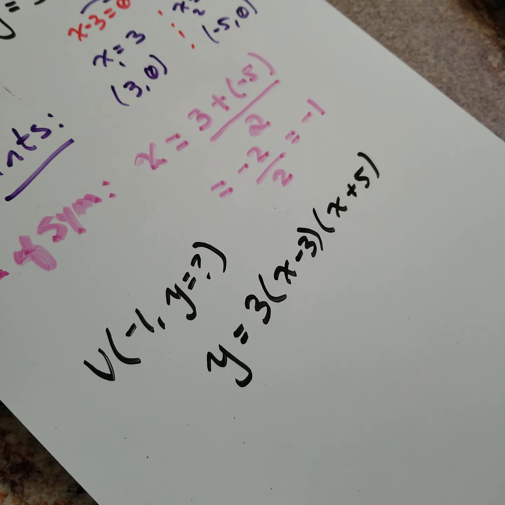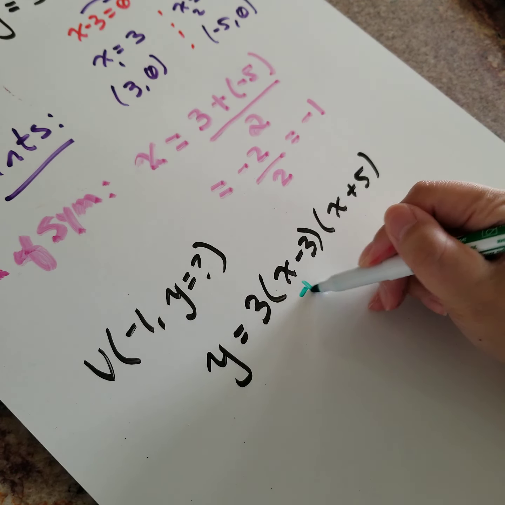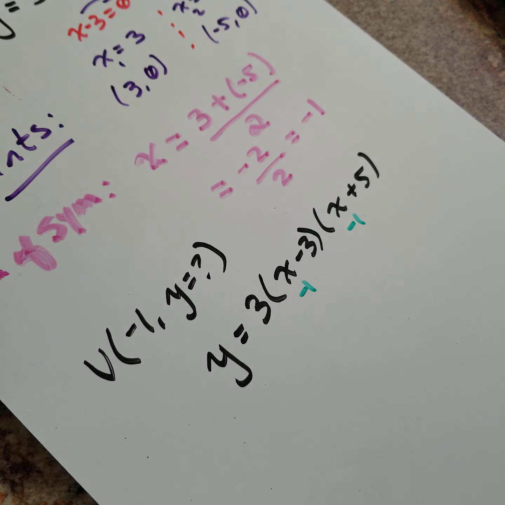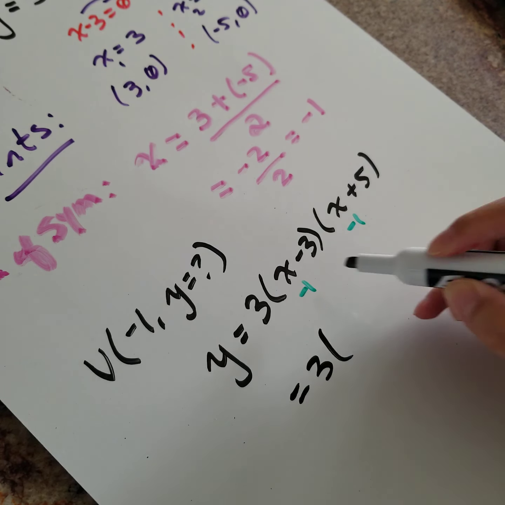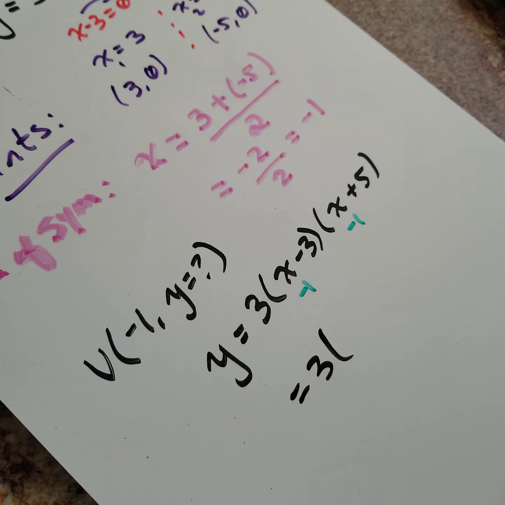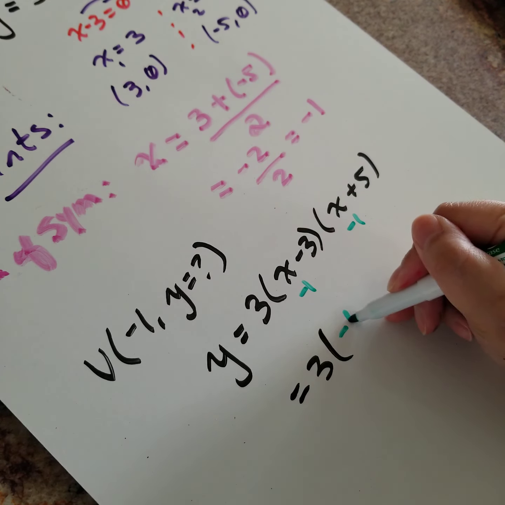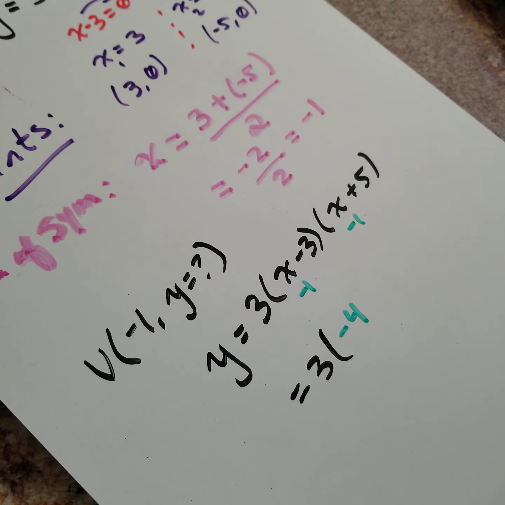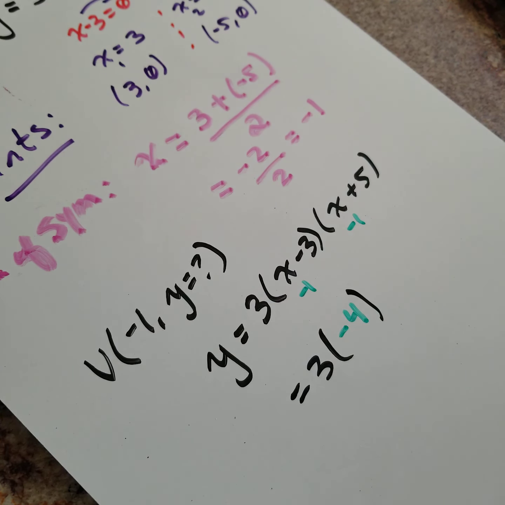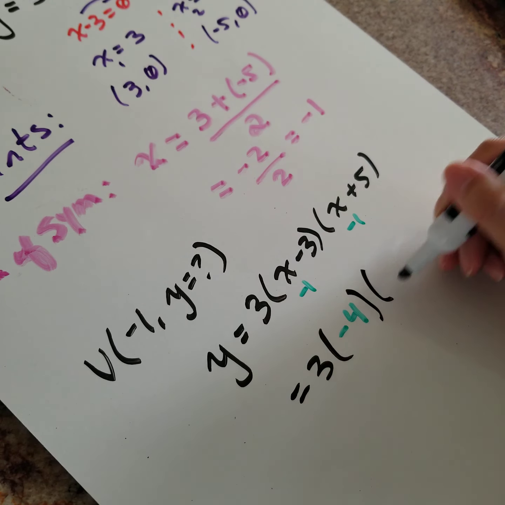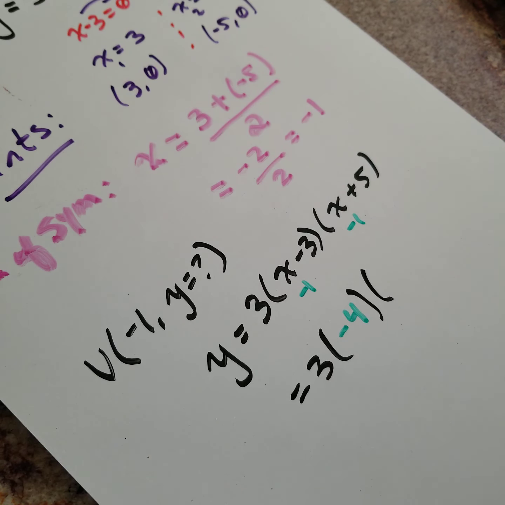Anywhere that I see x, I'm going to input negative 1. So negative 1 goes here, negative 1 goes here. So I'm going to have 3, and if I have negative 1 minus 3, so I owe you $1, I owe you another $3, I'm going to have negative 4, and then here it's negative 1, and I'm adding positive 5, so I'm having less of a positive, so this is now going to be equal to positive 4.